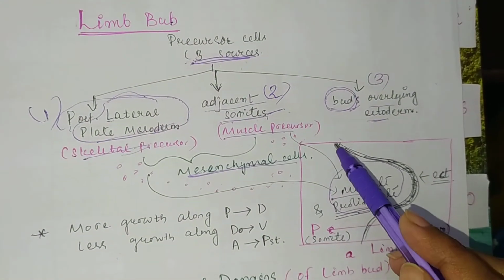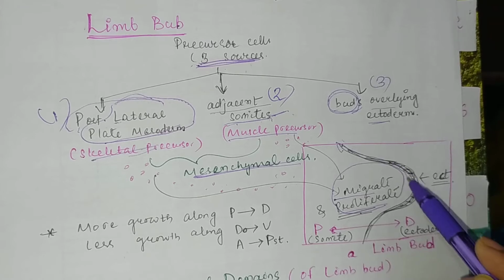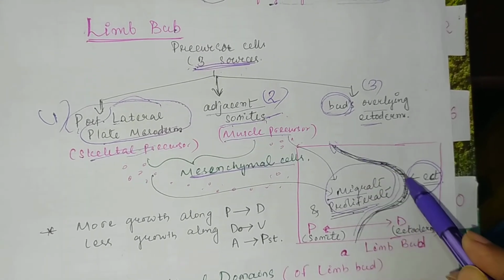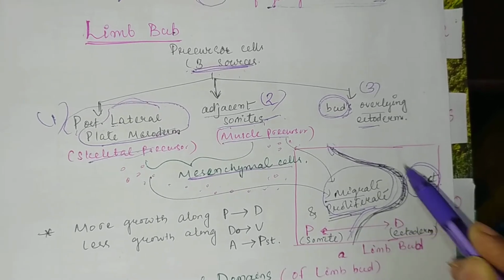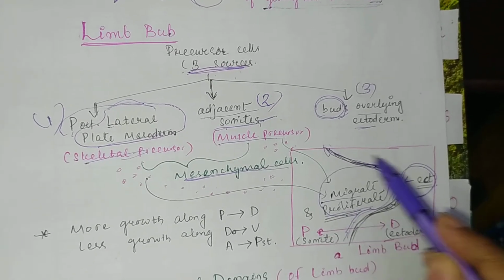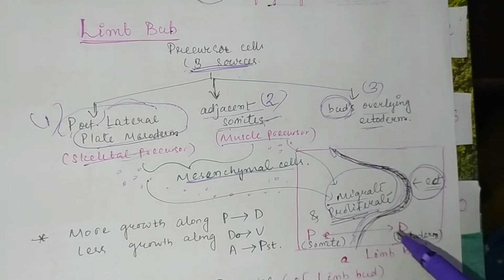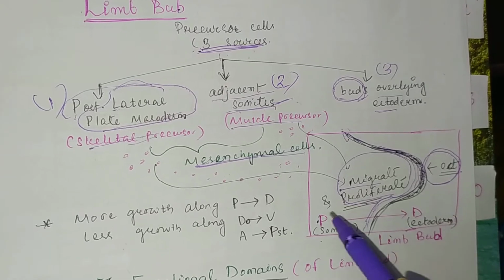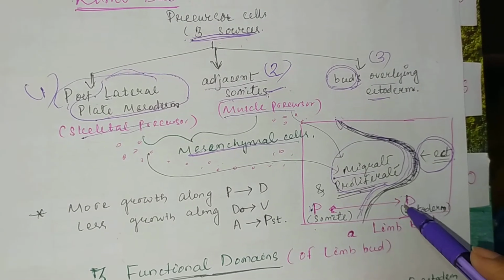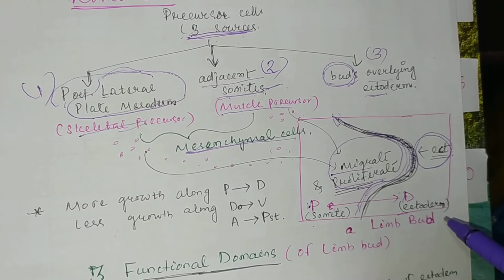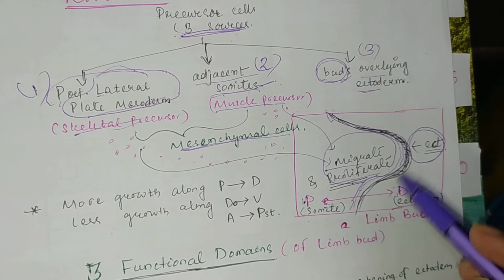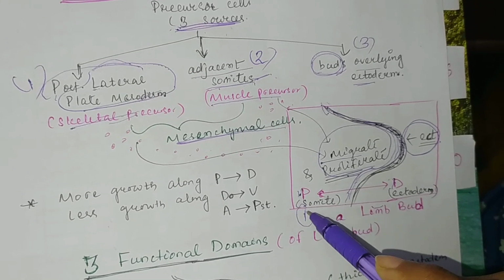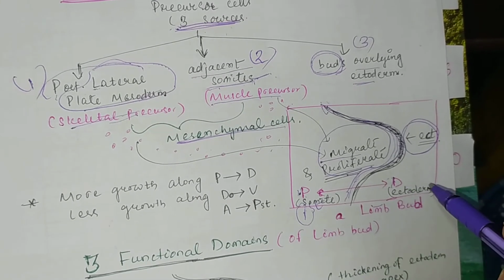So here above the limb bud there grows the ectoderm. The ectodermal cells thicken and make a gap around the limb bud, and there is the proximal to distal axis. There is the proximal to distal axis which has been set. So in a limb bud, the first axis that is set is the proximal to distal axis.